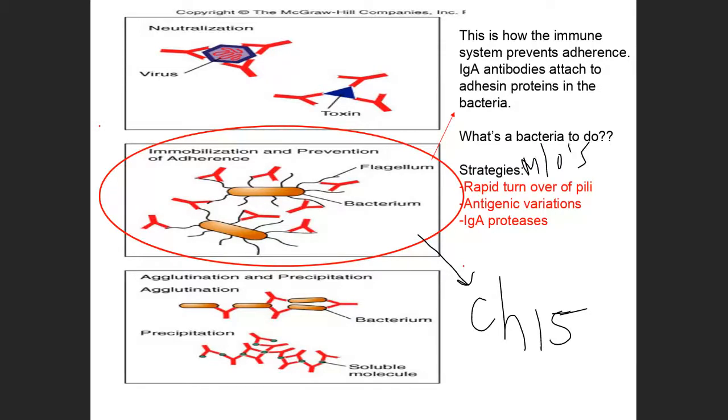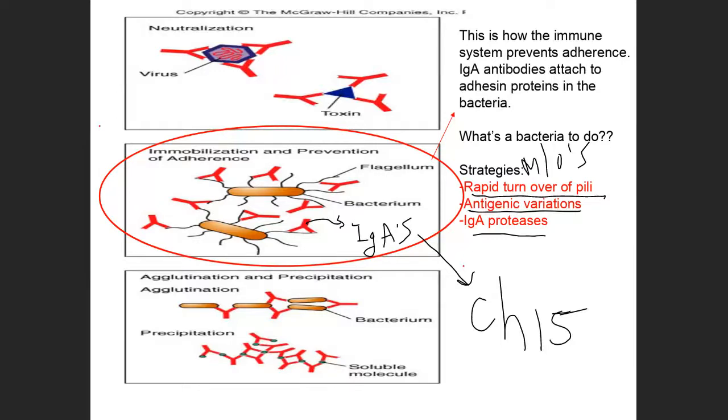So what can the microorganism do? Okay, it can have a rapid turnover of pili, it can have antigenic variations, or it can make IgA proteases, or it can do all three actually. Now, let's start down here, which is the easiest one. These antibodies right here are IgAs because they are found in mucous membranes. Remember, this is what happens at the very beginning when the organism is trying to gain access to our body.